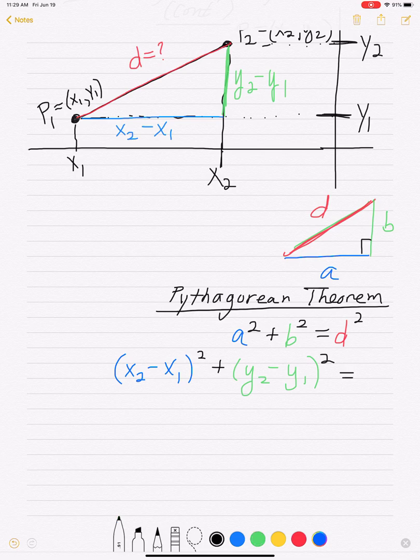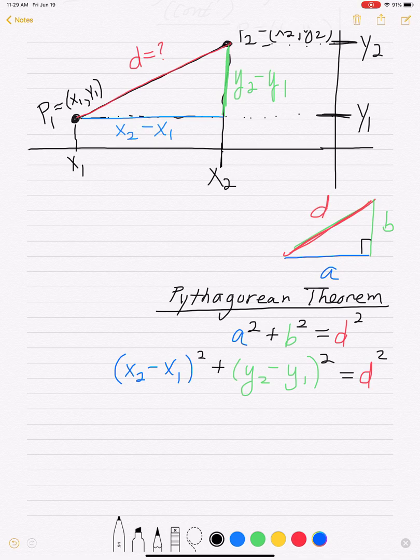And then in place of the D, I'm just going to leave it D. We don't know what D is, so D squared. Now, I don't want D squared, I want just D by itself, right? So if we were solving this as a power equation, we have D to a power equals something.